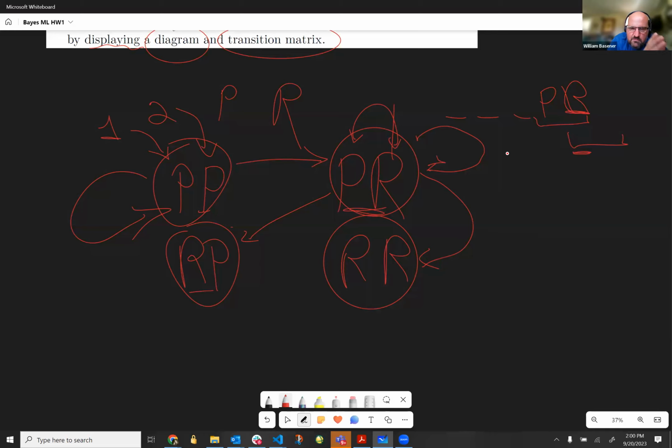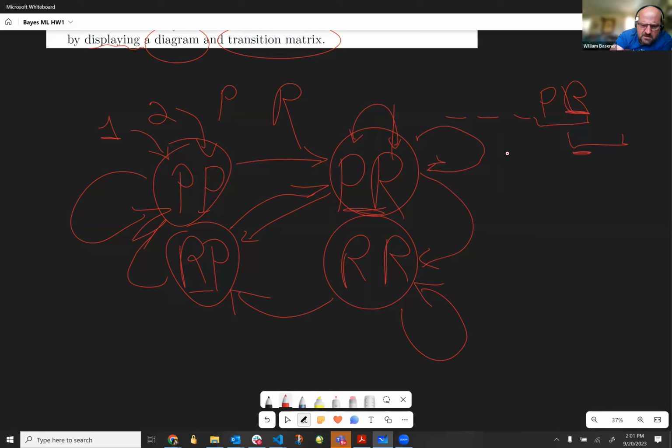Since it's RP, there's going to be a P in the left-hand slot. If the next play is a pass, that'll transition up here. If the next play is a run, it would transition to PR, which is up there. And then for run run, if the next play is a pass, it would transition to here. If the next play is a run, it would transition to itself.